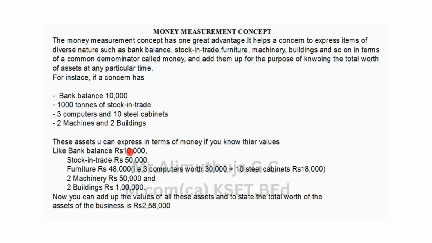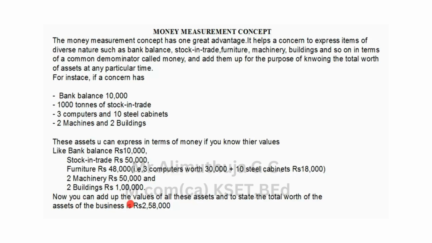These assets you can express in terms of money if you know their values: the bank balance is rupees 10,000, stock rupees 50,000, furniture rupees 48,000, that is 3 computers worth 30,000 plus 10 steel cabinets rupees 18,000, put together 48,000, 2 machines rupees 50,000, and 2 buildings rupees 1 lakh.